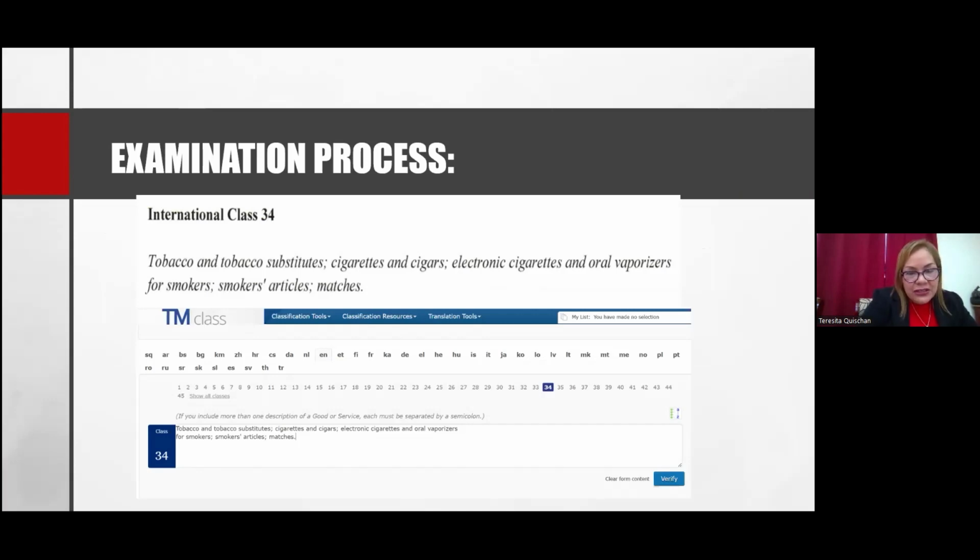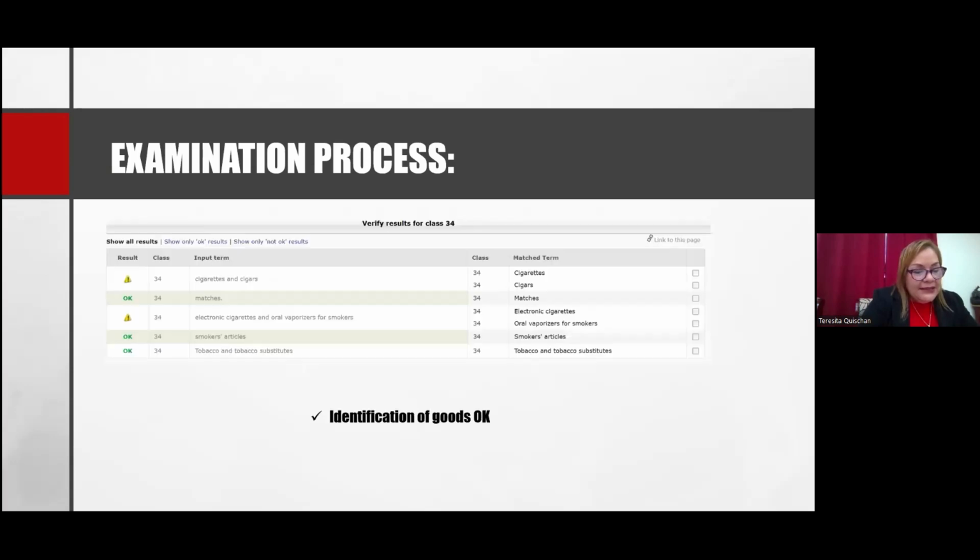This is just an illustration to show that we would copy the goods and put them into TM Class for verification. TM Class indicates whether a term is acceptable by displaying OK. If a term is only partially found, we can determine whether to accept or refuse the term.